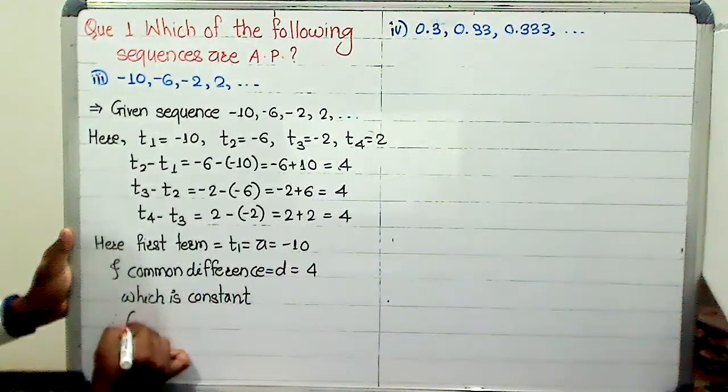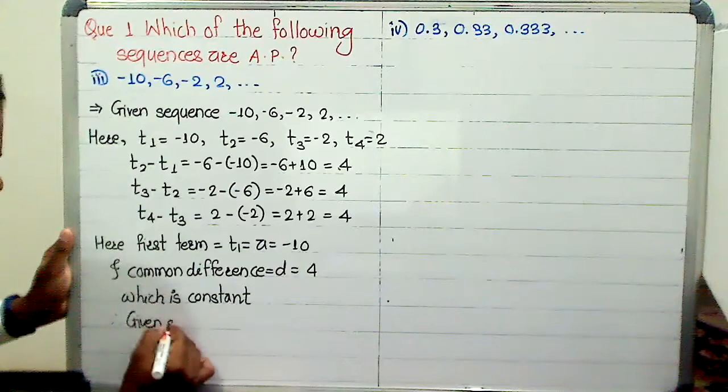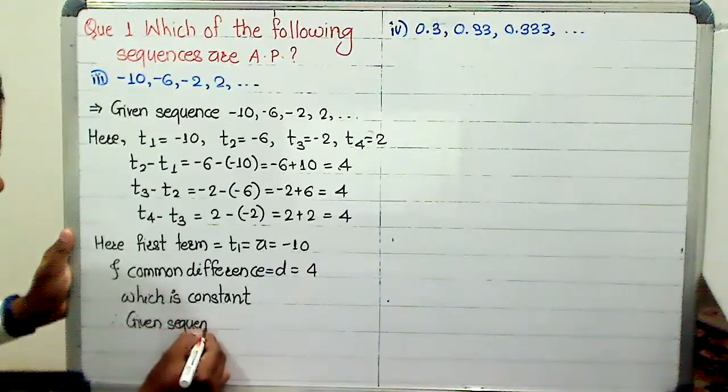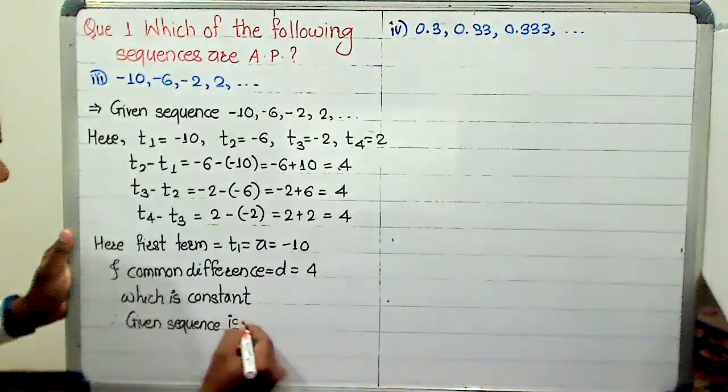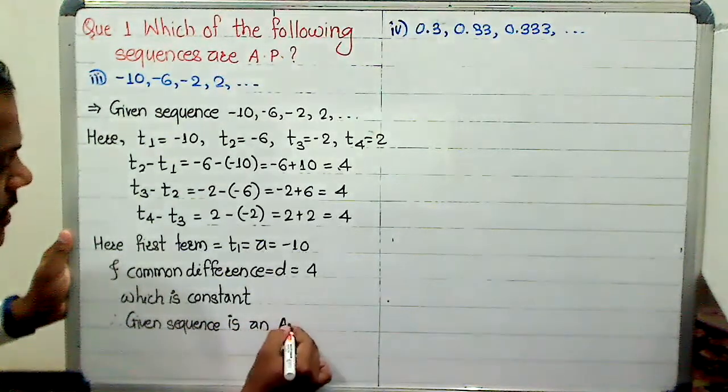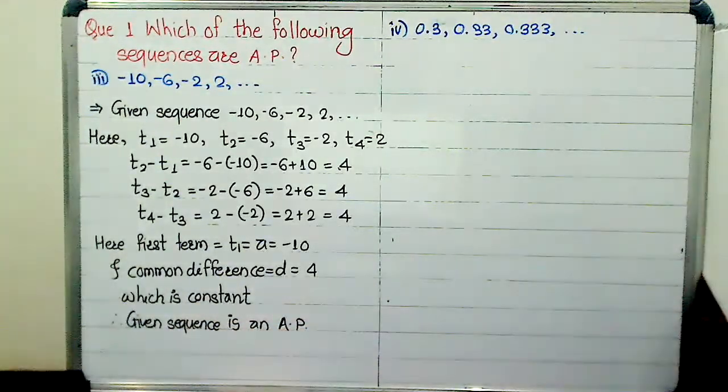So therefore given sequence is an AP. I hope you understood this example.